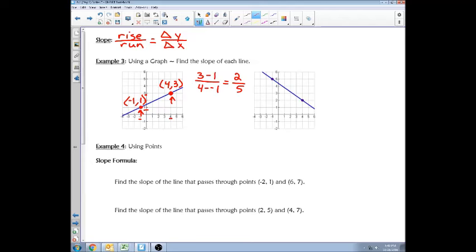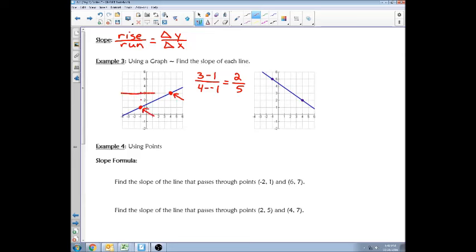Now, there's another way I can do that without actually having to subtract. Don't worry about erasing this. I'm just going to show you something interesting. I can do this by counting the rise and then the run. So from this point to this point, how many points higher is that than this? Well, 1, 2.